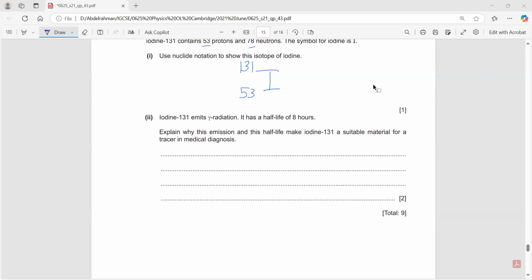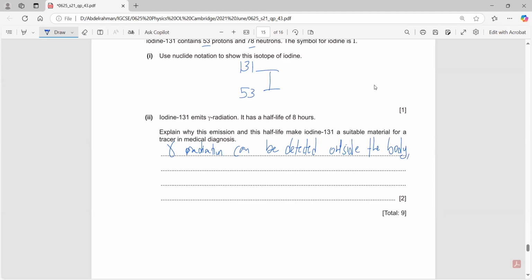Okay, so we can say that the gamma radiation can be detected outside the body.